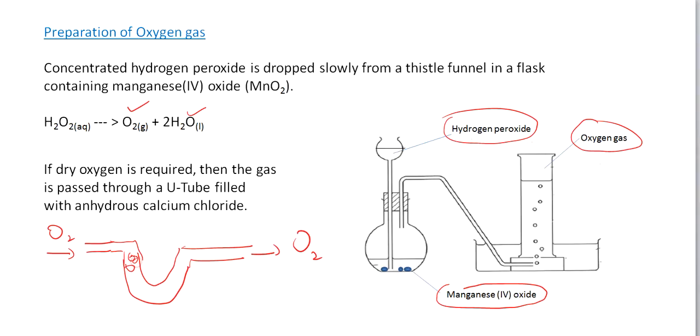But in this U-tube, we have calcium chloride, so you have CaCl2 as the drying agent. If we want a dry sample, we use calcium chloride as the drying agent.